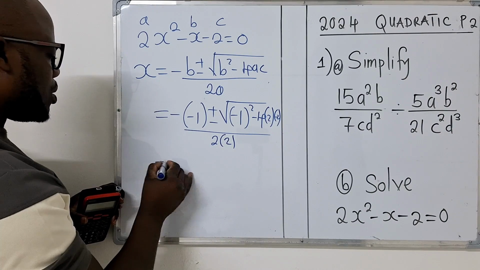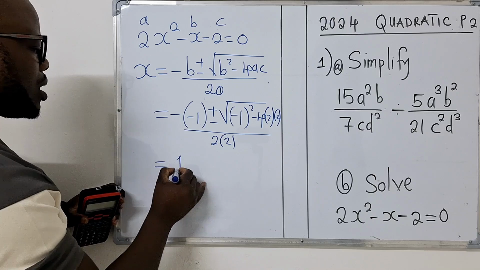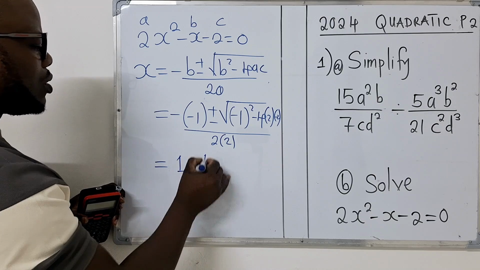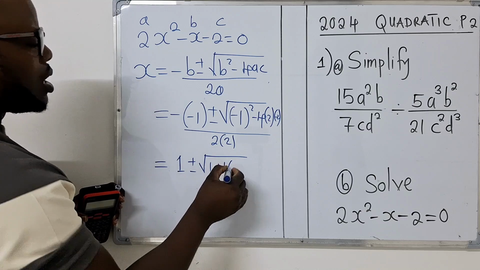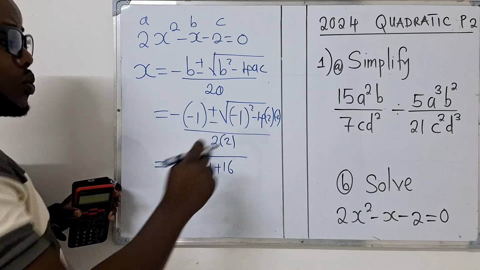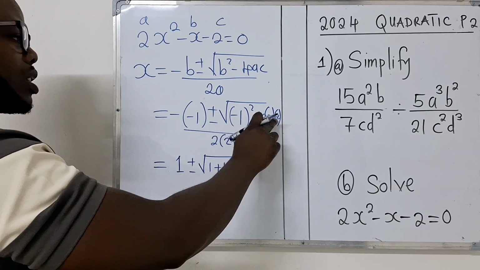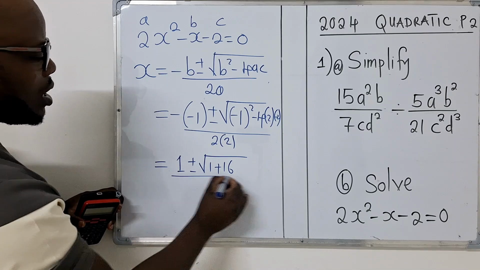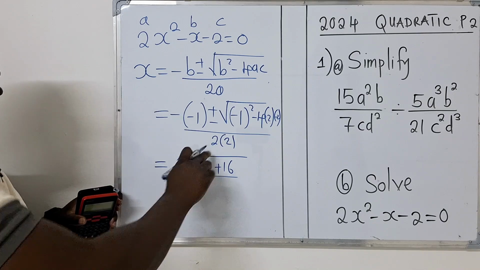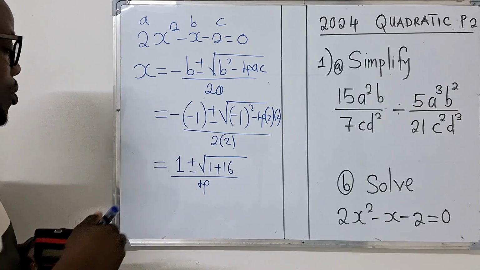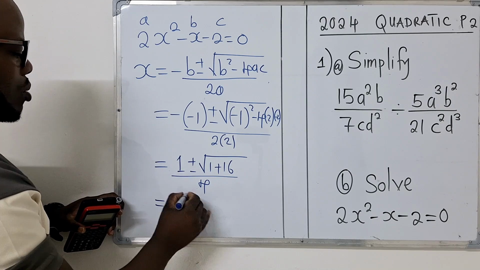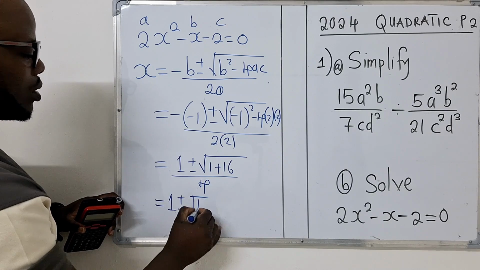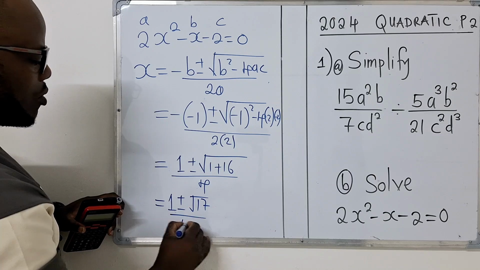So we can simplify. We've got 1 here, plus or minus the square root of 1 plus 16, because -4 times 2 is -8, times -2 is 16. Let's not forget to write a 4 down here. 2 times 2 will give us a 4. And then here we can say equal to 1 plus or minus the square root of 17 over 4.